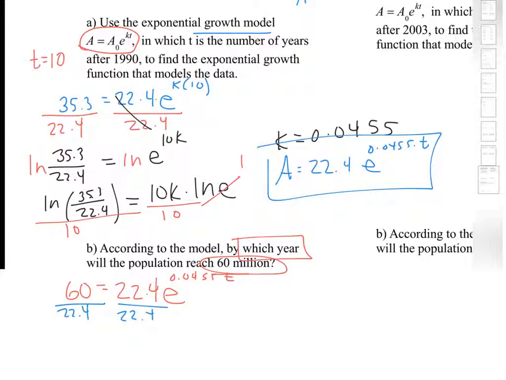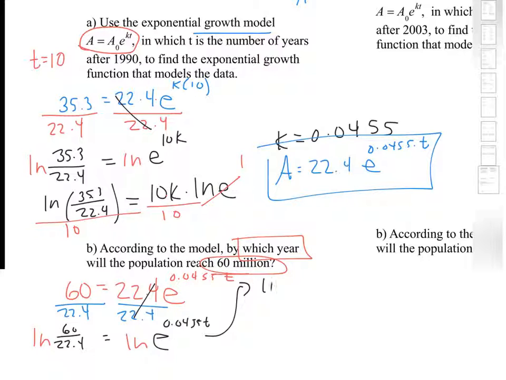So I'm going to go ahead and divide both sides by 22.4. And then I'm going to simplify that. So I get 60 divided by 22.4 equals base e to the 0.0455t. And now I want to take the natural log of both sides. So I'm going to come over here and rewrite this.